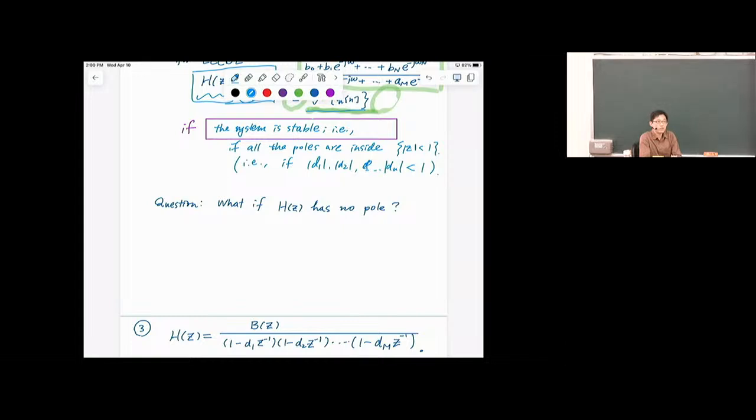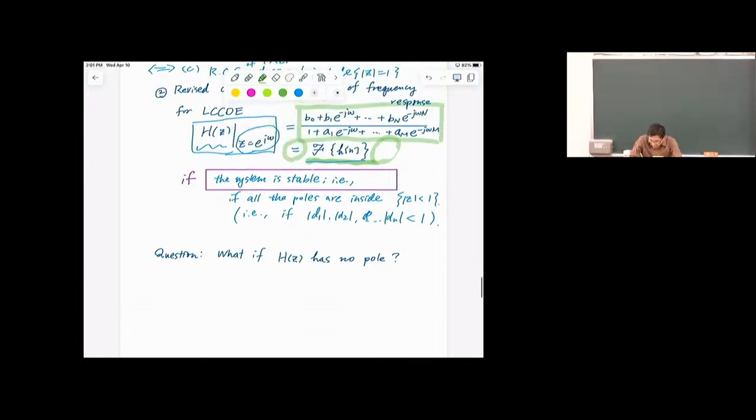What kind of system is that? Then the good news is that the system is always stable.